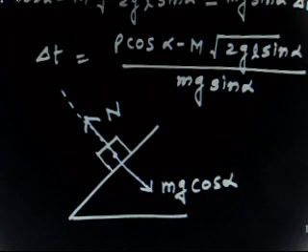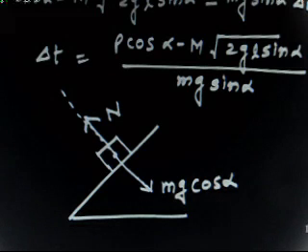If I consider the change in momentum along the direction of the incline, I can easily calculate dp and dt, because in that direction only one external force is acting. Since friction is not there, the only external force is mg sine alpha. So it's easy to consider the motion along the direction of the incline.